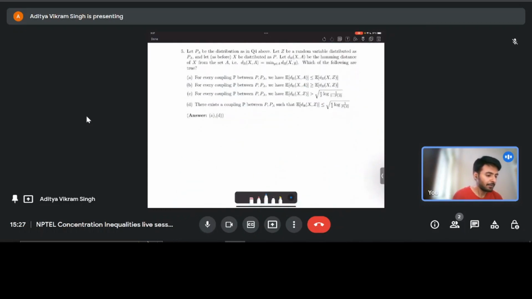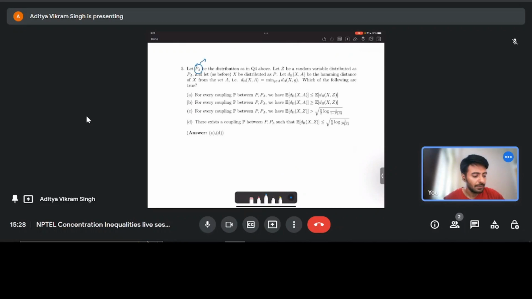Question number 5. Let PA be the distribution as in question 4 above. So PA is that conditional distribution, conditioned on this event.